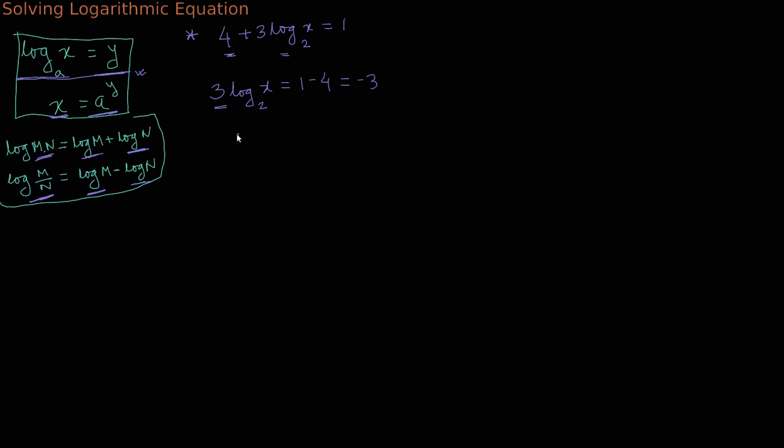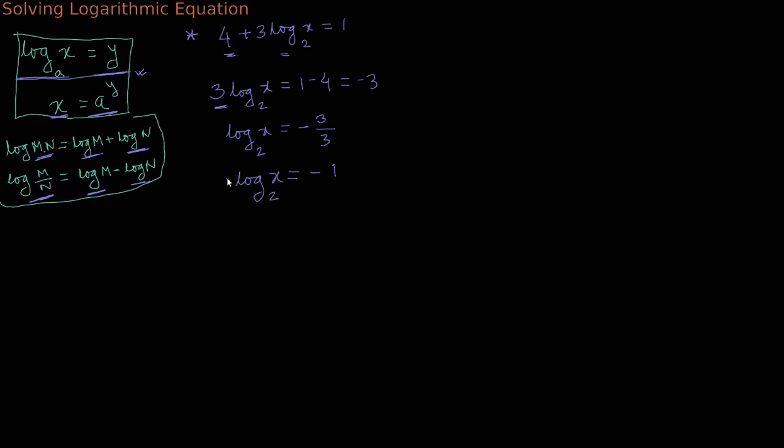On the left hand side I get logarithm of x base 2, equals negative 3 over 3, which is basically equal to negative 1.